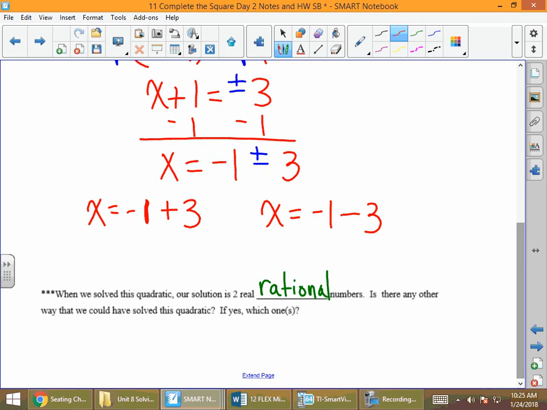Negative 1 plus 3 is 2. And negative 1 minus 3 is negative 4. 2 real rational answers.